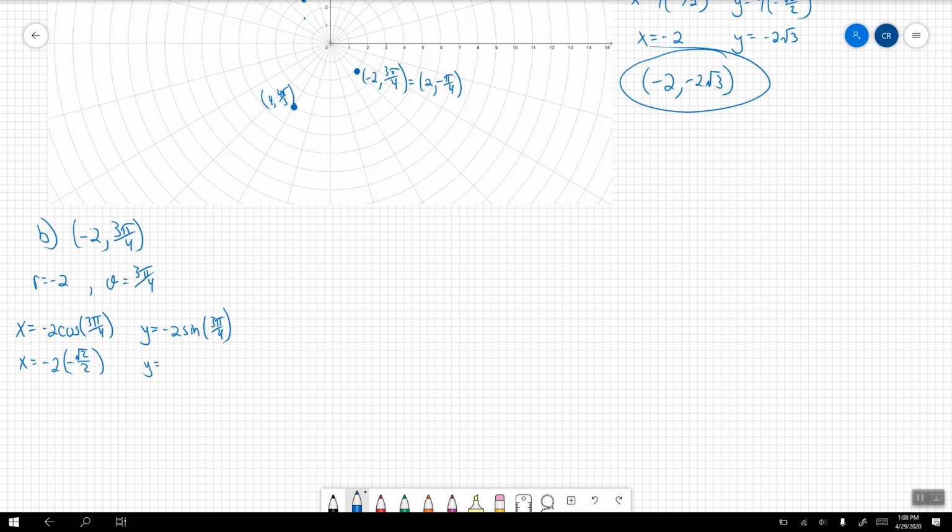Sine of 3 pi fourths should just be the complement of that, so that's quadrant 2, that's positive, so it's just root 2 over 2. So that means our x and y coordinates are going to be negative root 2, comma, root 2.